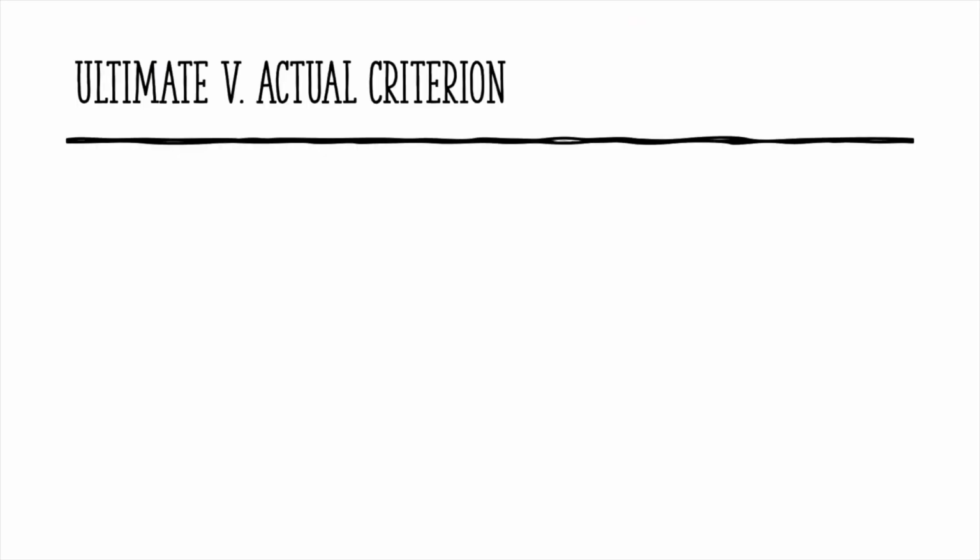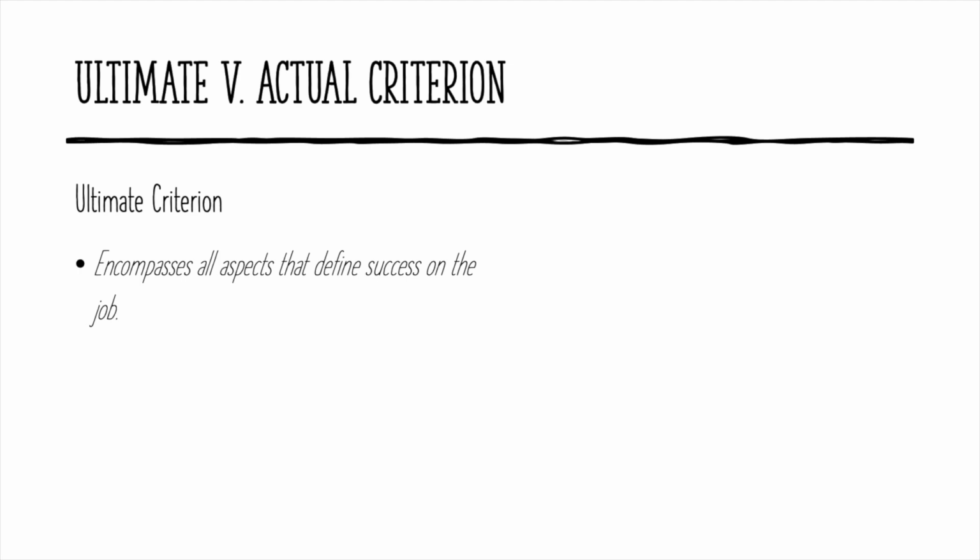That's because we can't always measure everything. The definition of a good baker hinges on our ability to create a clear ultimate criterion, which is composed of all of the aspects of success on the job. The issue with the ultimate criterion is that it's theoretical, complex, and usually unachievable.